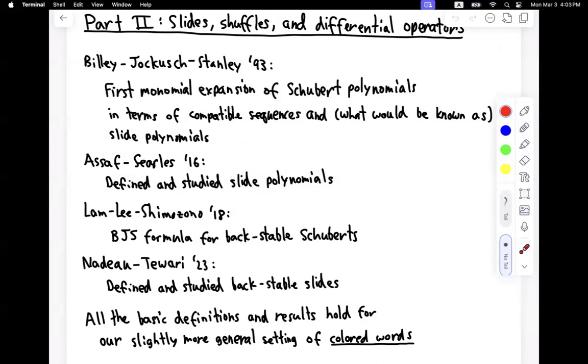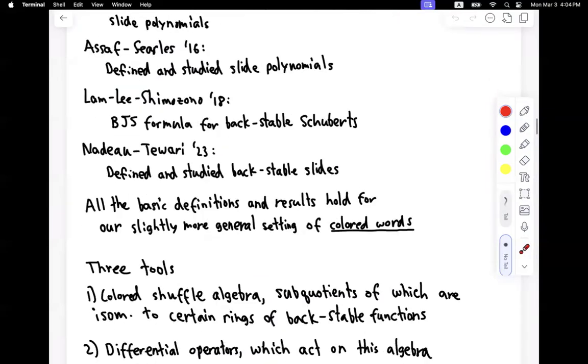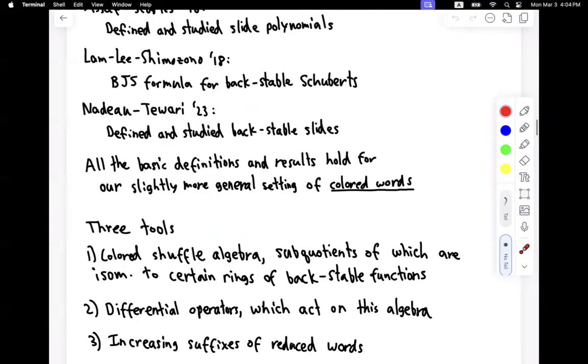slide polynomials hold in our slightly more general setting where we replace integer words or compositions with what we're going to call colored words. And we use three tools. We'll talk mostly about the first one and a little bit about the second one. The first tool is what we'll call the colored shuffle algebra, which is just an algebra involving certain words.